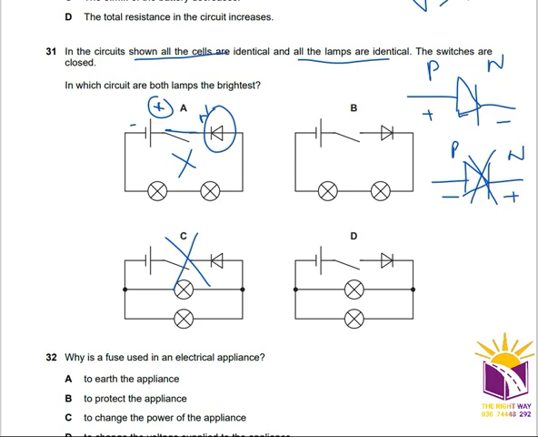In series, the resistance increases and the current decreases. So, due to decrease in current, they are not going to be the brightest. In D, they are connected in parallel. In parallel, the resistance decreases, so current increases. As the current increases, they are going to be the brightest ones.